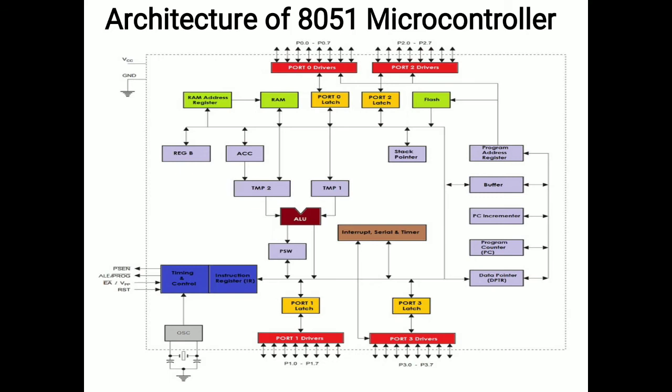For various ALU operations, the accumulator is one of the registers considered as operand 1, and the other operand may be another register, either the B register, temporary registers, or registers from the various register banks, that is R0 to R7 from register bank 0, bank 1, bank 2 and bank 3. So these registers need to be interconnected with the ALU.